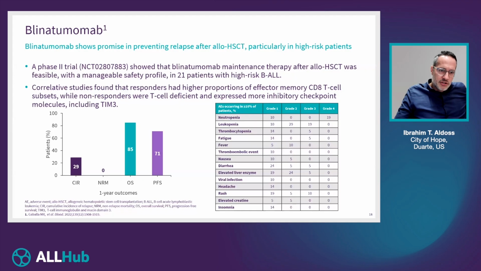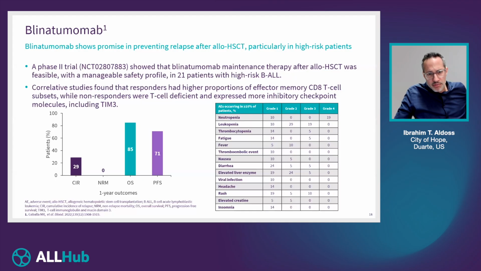And they found there is a correlation between having a higher proportion of effector memory CD8 T cells and the response. And for those who relapsed, they have T cell deficiency that expresses more inhibitory checkpoint molecules, including TIM3. Now, when they compared the outcome of this phase 2 study with the historic control that had matching characteristics, actually they reported that this approach of blinatumomab maintenance wasn't better, it was comparable to the previous cohort that didn't receive blinatumomab maintenance.